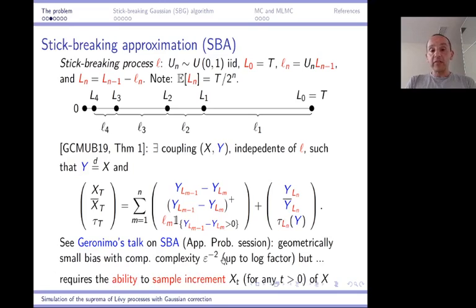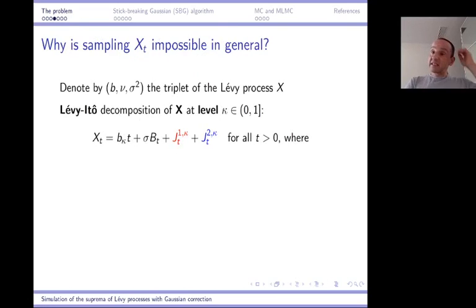The thing that it does require is the ability to sample these increments of y, or of x, for a fixed time. And that is a non-trivial thing, for the following reason. Recall, a Levy process X has a triplet: there's a Brownian component, which might be 0; nu is a Levy measure, which is always non-zero if you're studying non-trivial Levy processes; and b is the drift. In the Levy-Ito decomposition, X is a bunch of processes that I can sample increments of.